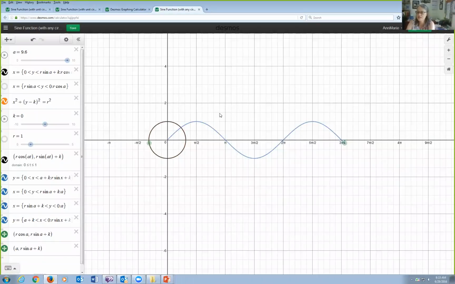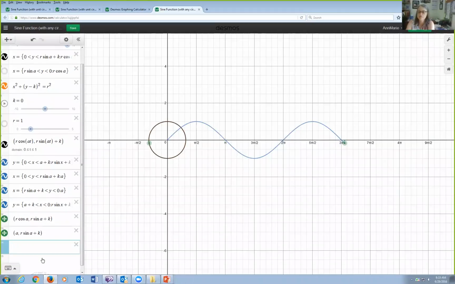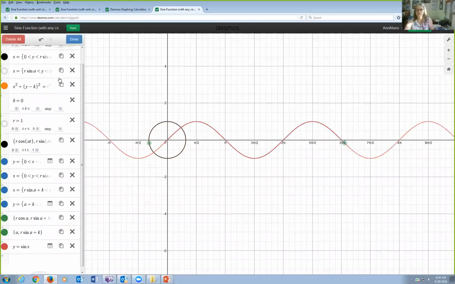And I'm only looking at a small portion of the sine function because I want us to focus on what's going on. So I just threw on a standard sine function for comparison.